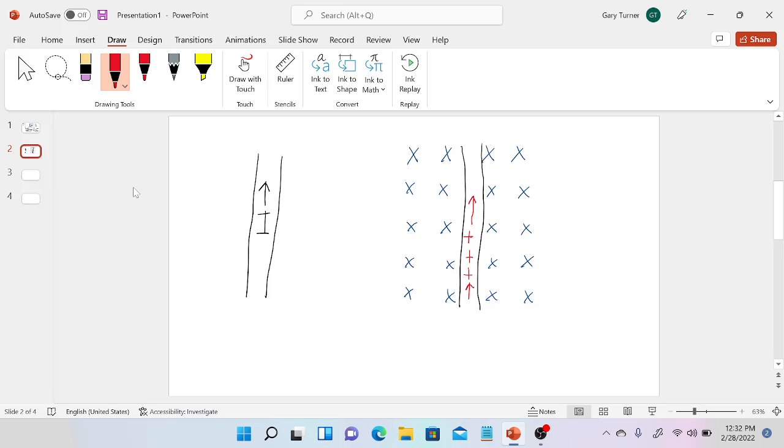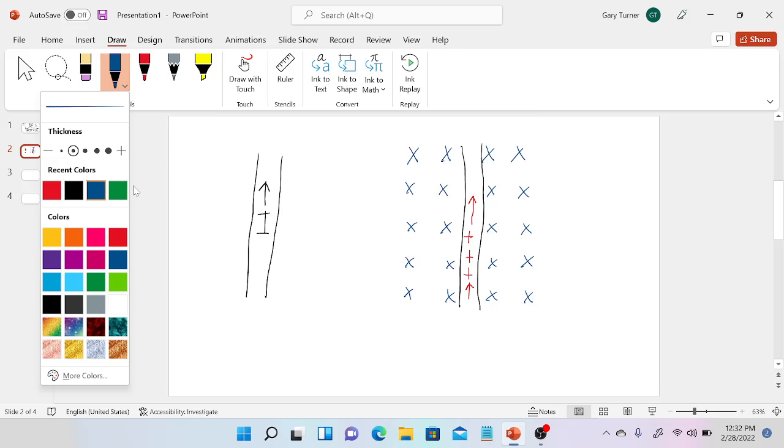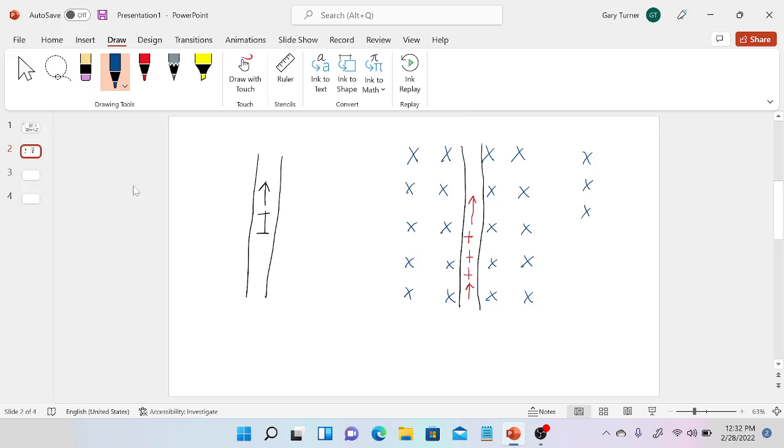So what this means is that if I look at the wire an instant after I turn the current on, it would be deflected something like this.